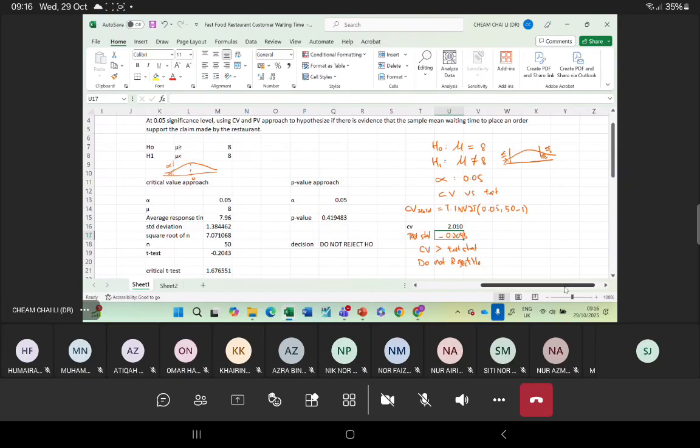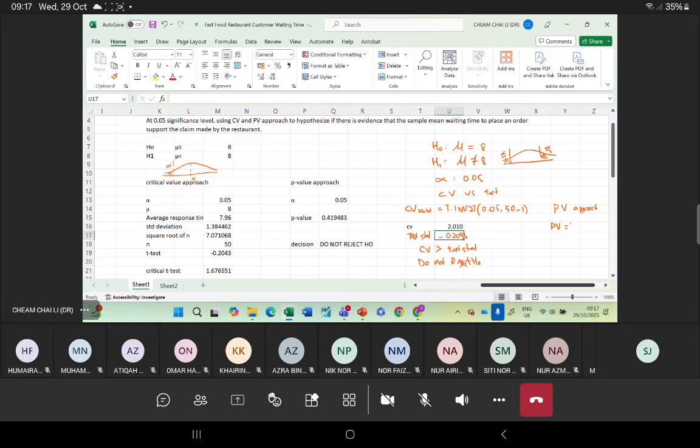Okay, what about the p-value? Kalau kita nak guna p-value approach, so you kena guna, and for this p-value, the function is... let me write it again.